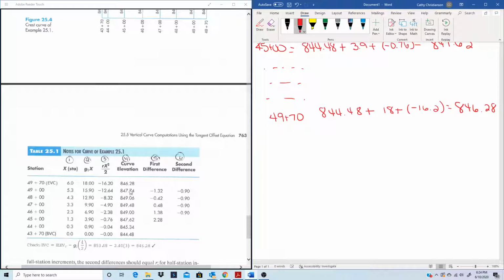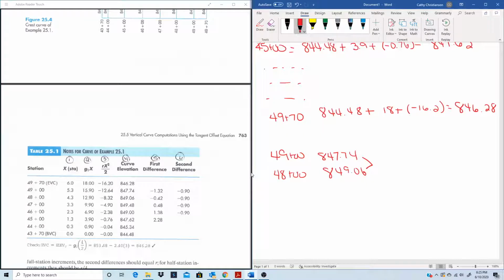And you always want to start at the top. So I'm going to show you. If I start at the 49, I'm going to write what the elevation is. They have 847.74, and at 48 they've got 849.06. So you'd want to take a difference between these two numbers. You always start with the top one in stations, the higher station minus the lower station.